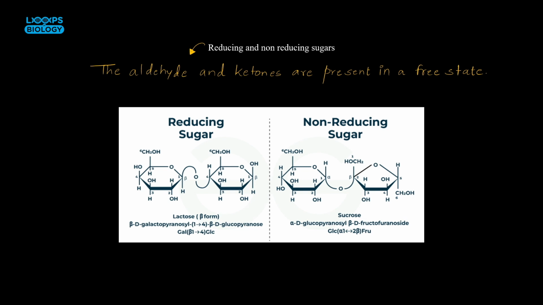If I am not having a Fischer projection structure, then how can I decide whether aldehyde and ketones are in bonded or non-bonded structure? That question should arise in your mind first.